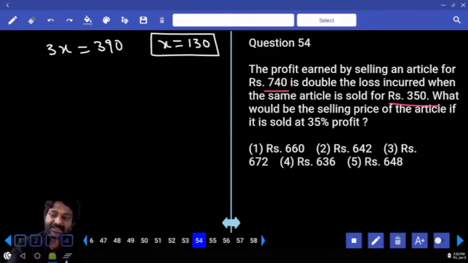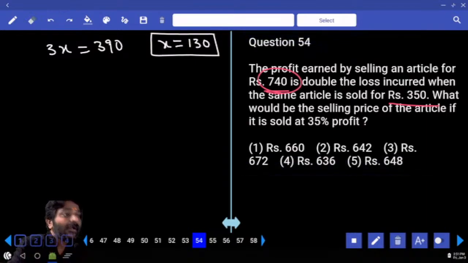Second case. In the first case, what is made? Profit. How much is the profit? When sold at 740 there was a profit. It is double the loss. How much is the loss? 130. Then how much is the profit?